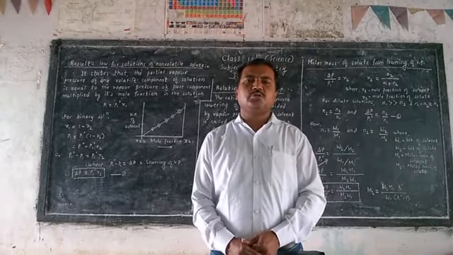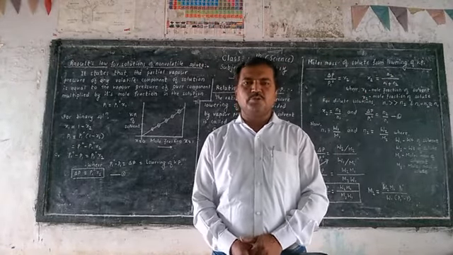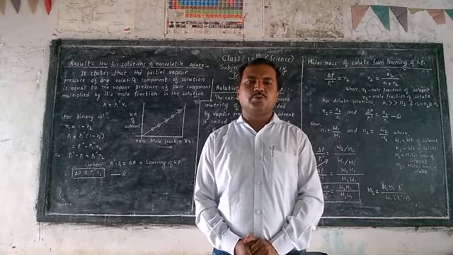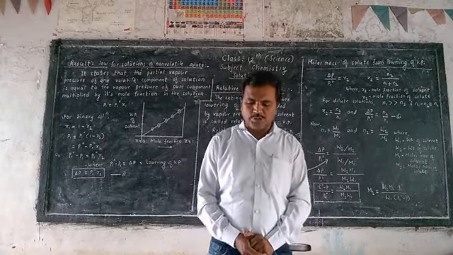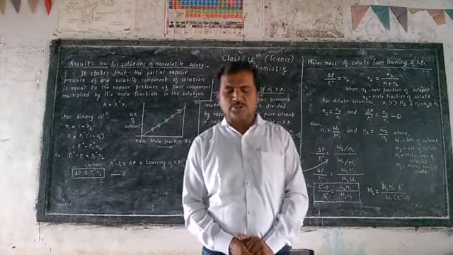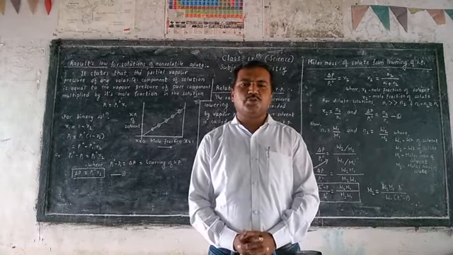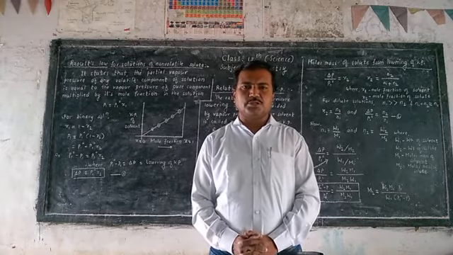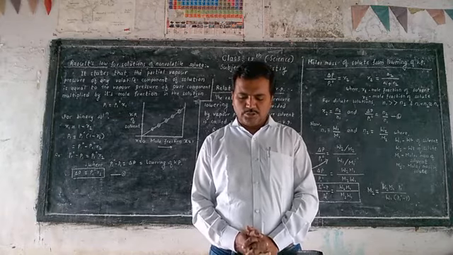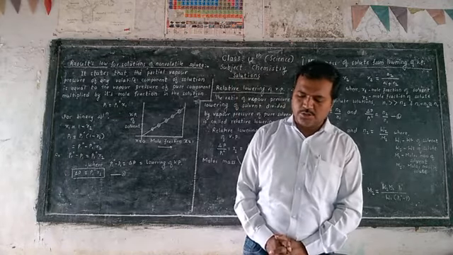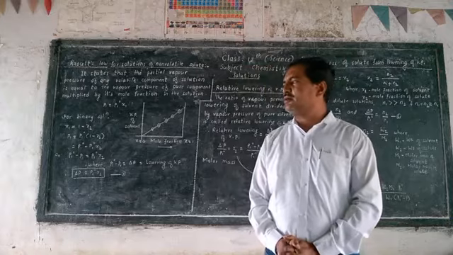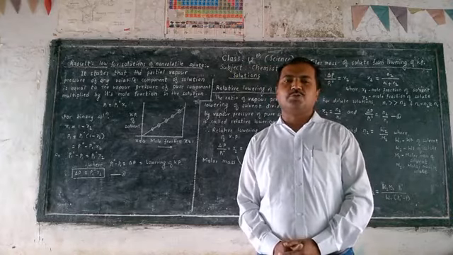We are continuing Raoult's law. Before that, colligative properties. Colligative properties of solutions that depend upon the number of solute particles present in the solution, not their nature, are called colligative properties.